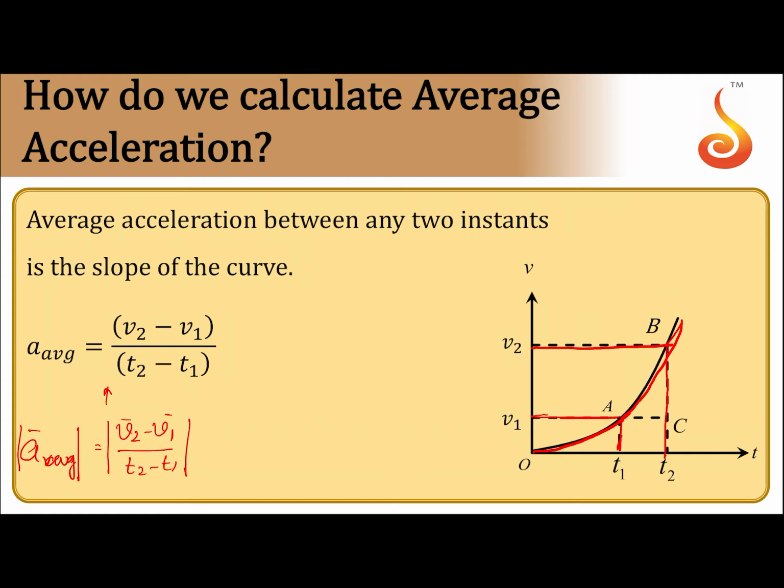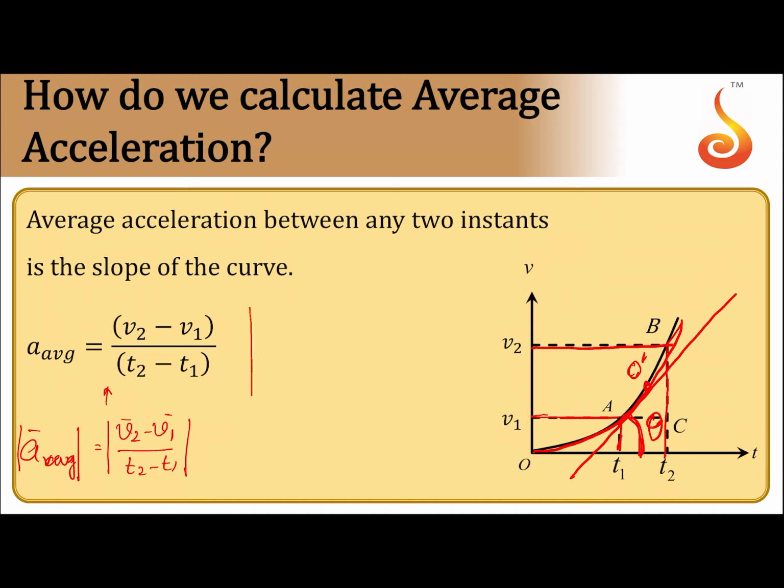Many a times I can use the same curve to get the instantaneous acceleration also. For example, if I consider the point say O, or say point O dash, assume that I want the instantaneous acceleration at this point, then I will draw a tangent at that point, and this tangent subtends an angle theta with the time axis.